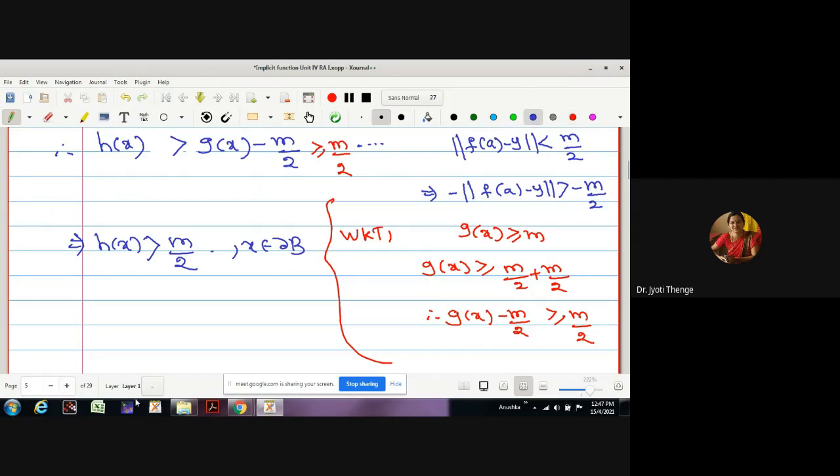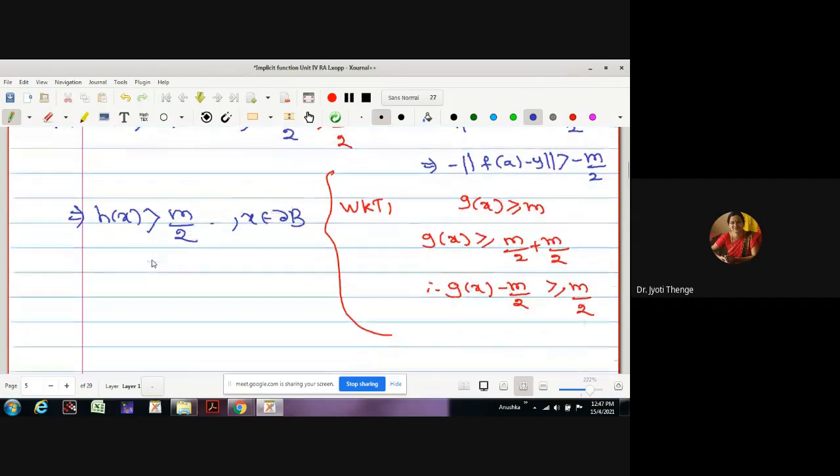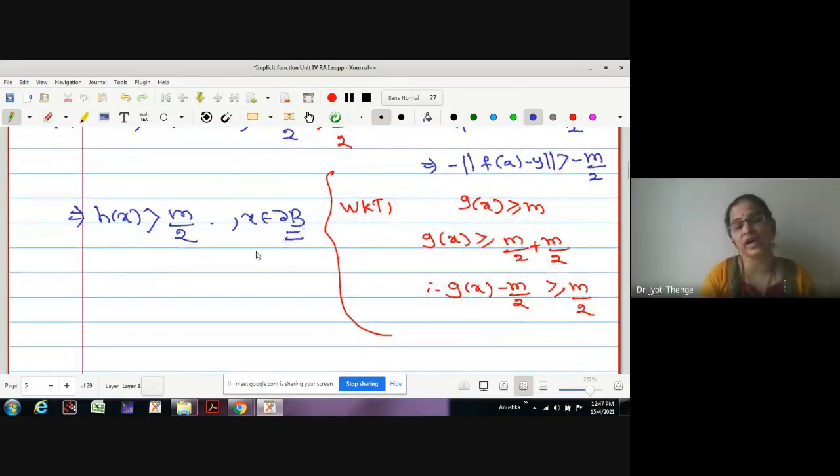Therefore, inside the sphere, we have proved the value less than m by 2. On the boundary, we have proved the value of h to be greater than m by 2. Therefore, where is the minima obtained? Whether inside the ball or on the boundary.